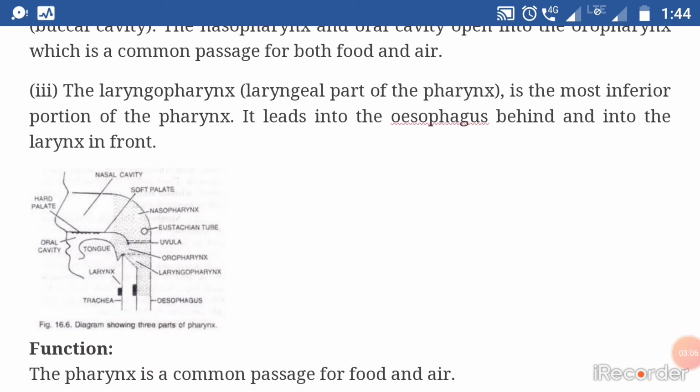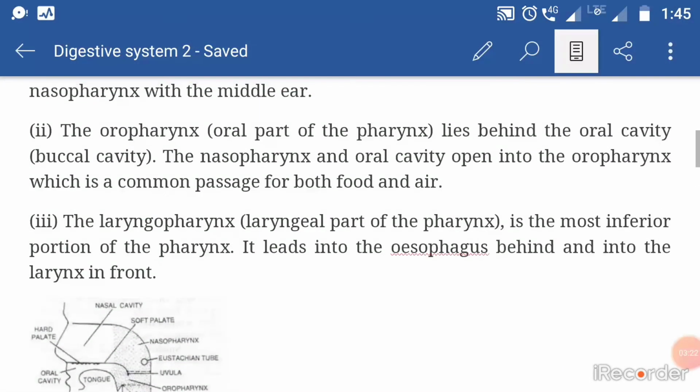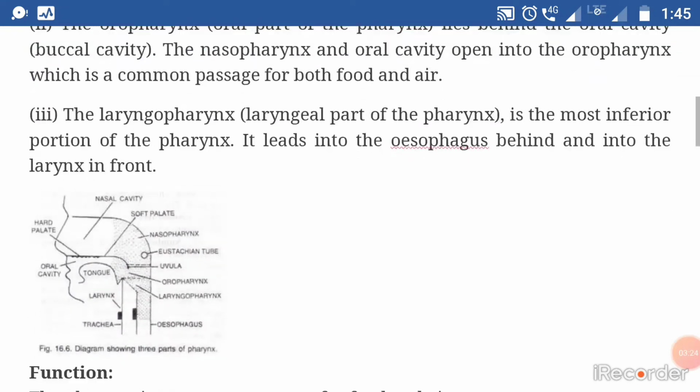In this diagram we can see these three parts separately. The laryngopharynx is the common pathway, and the soft palate, eustachian tubes, and the oropharynx are also visible.